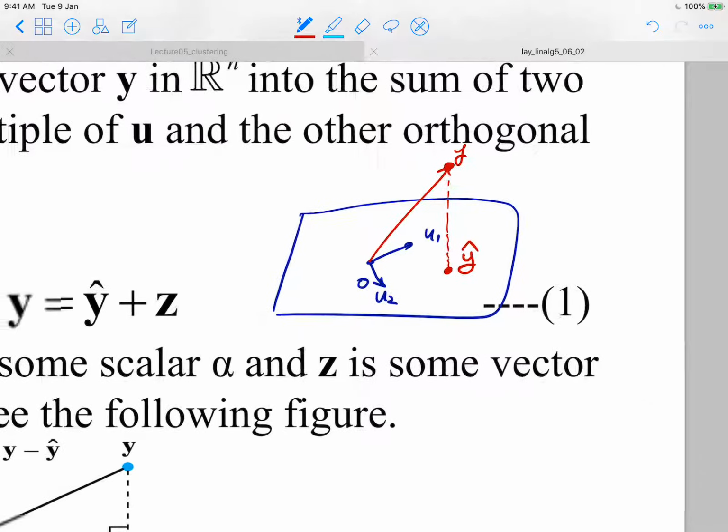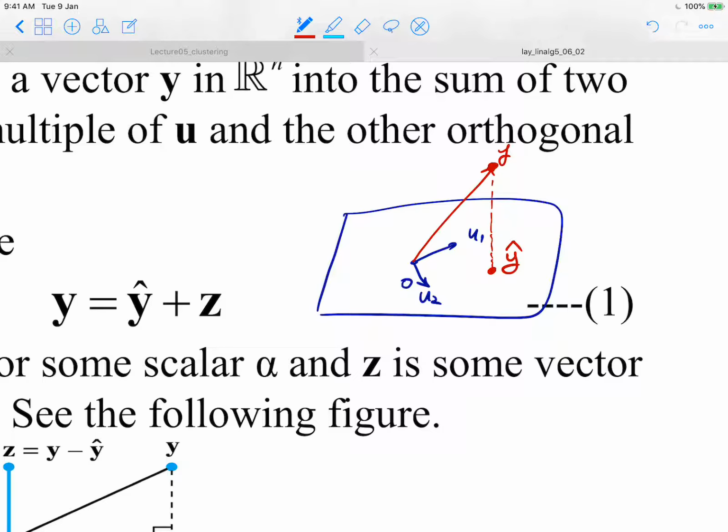Right? So we can say this converting y into y hat is called orthogonal projection. So what is the meaning of orthogonal? Orthogonal is determined.